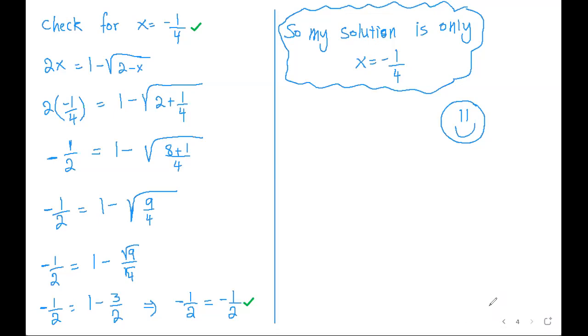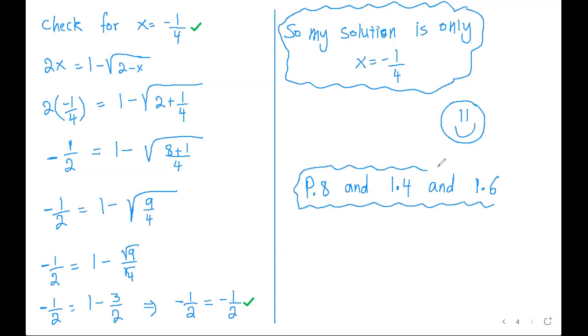So now we have finished all types of equations, sections 1.4 through 1.6. This is 1.6, yes.